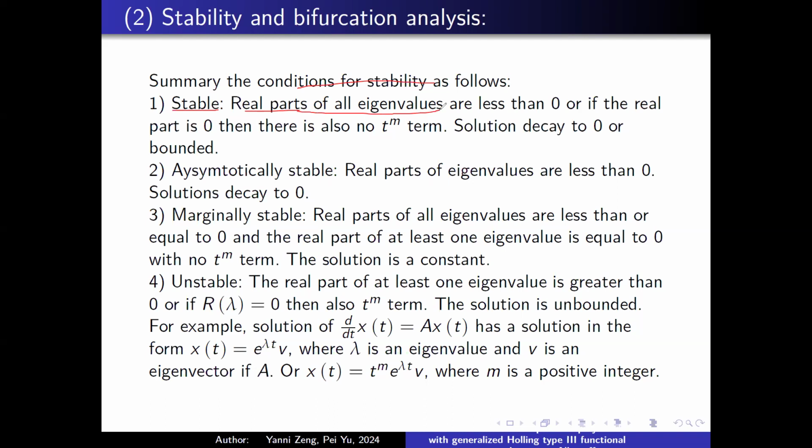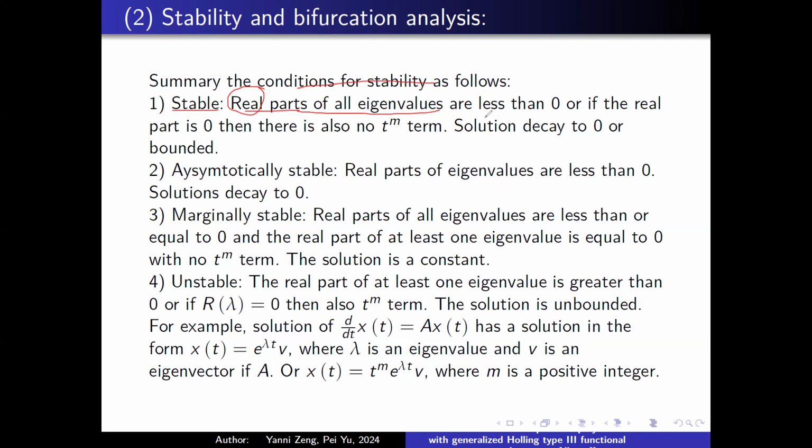That means we need to find the Jacobian matrix of the model, and use the Jacobian matrix. We can find the eigenvalues, and we can find the real part, because the eigenvalue may be expressed as a complex number.